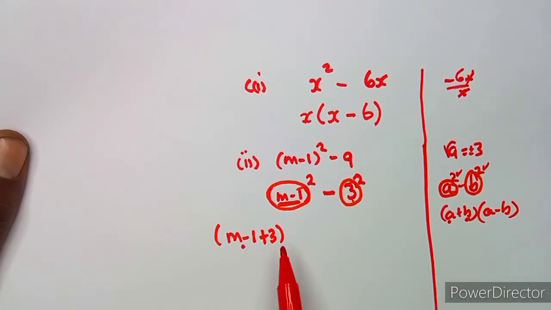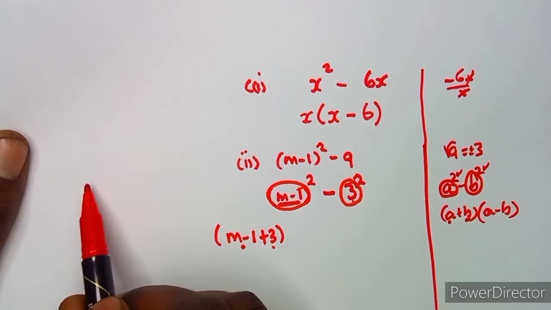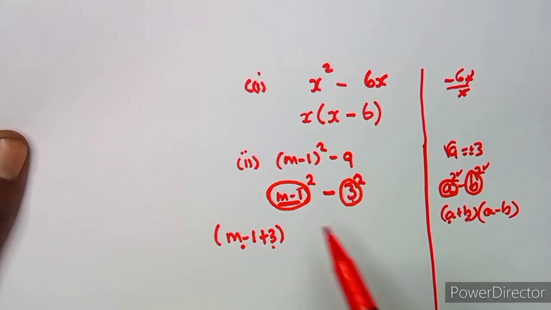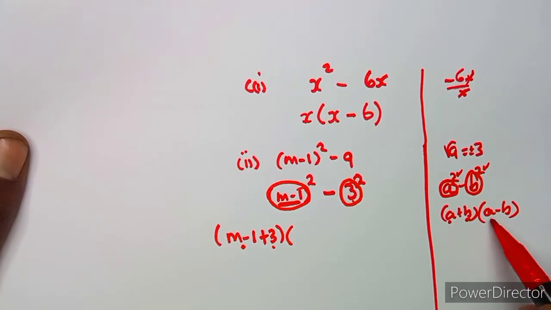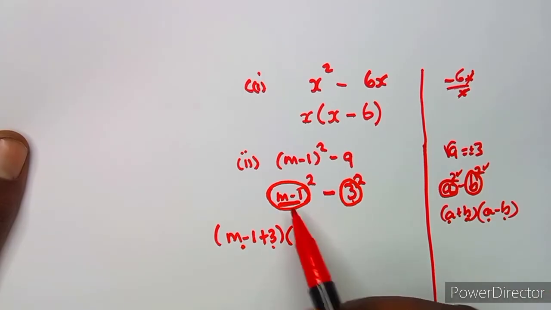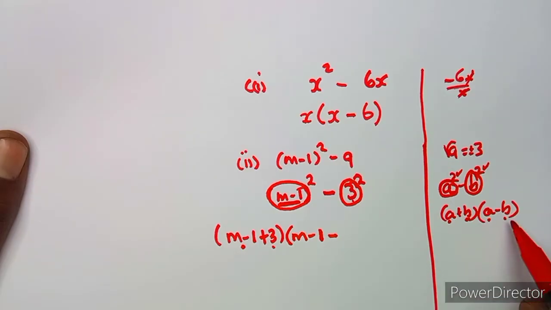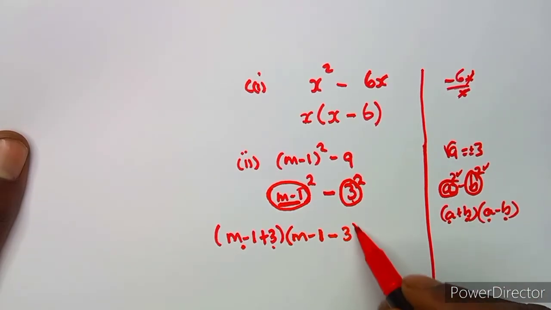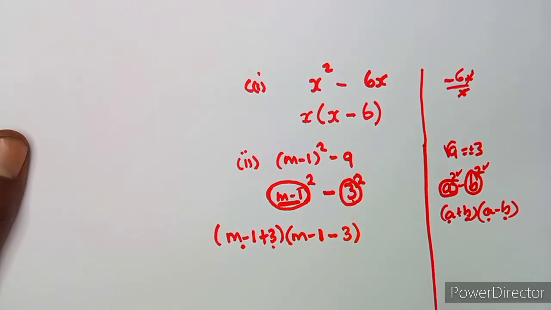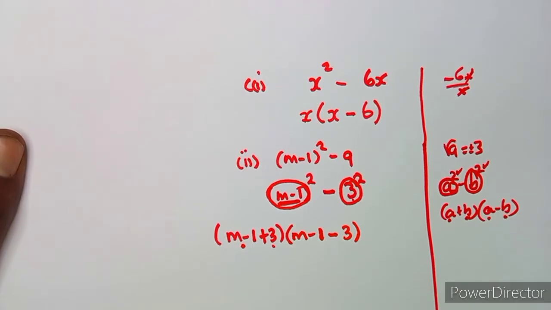So it's a plus b. So you can even write it in brackets, it's one and the same thing, into a minus b. This is my a here, which is m minus 1 minus b. My b is 3, just like that. So this is how you can write it.